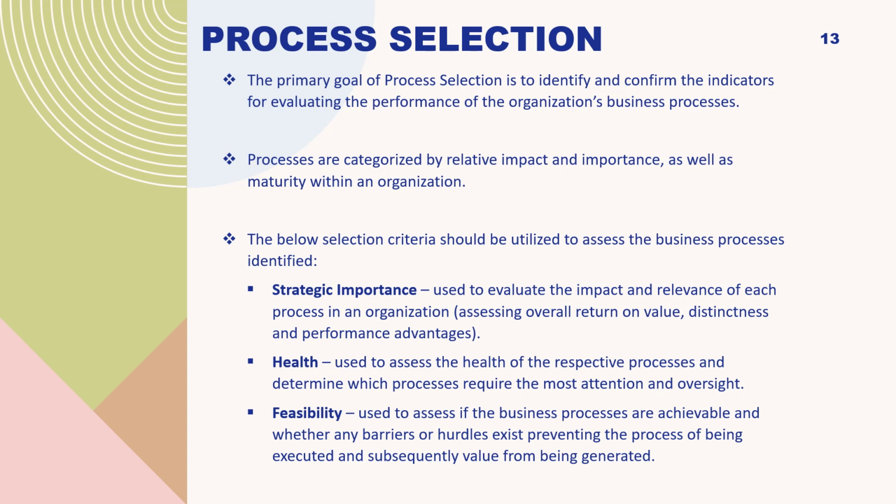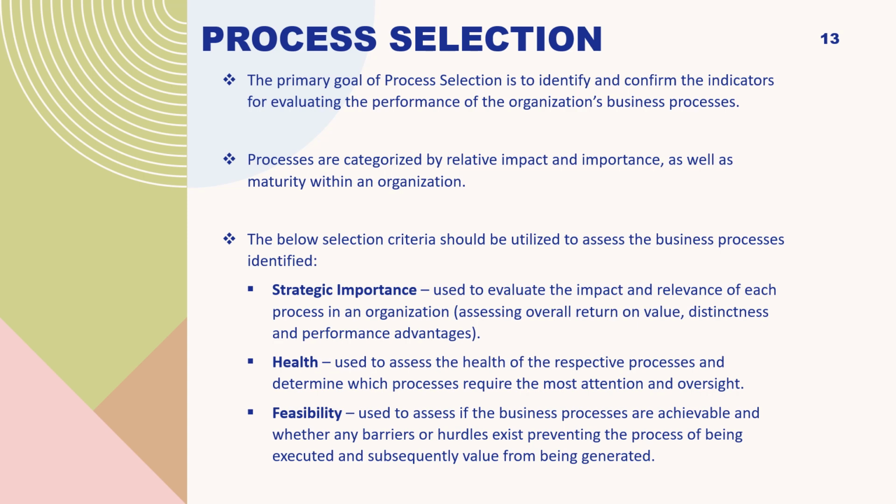The first selection criteria being strategic importance, which is used to evaluate the impact and relevance of each process in an organization. Assessing the overall return on value, distinctness, as well as performance advantages. The second selection criteria is health, which is used to assess the health of a respective business processes, as well as determine which process requires the most attention and oversight.